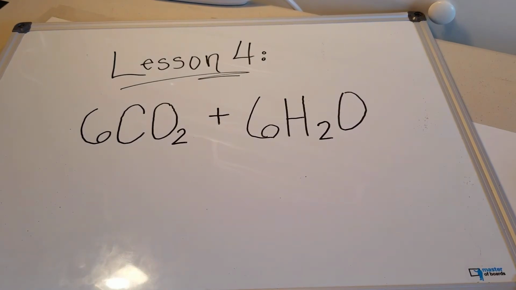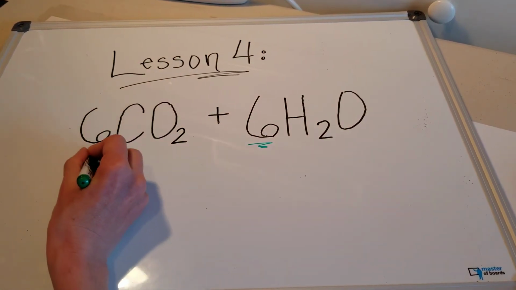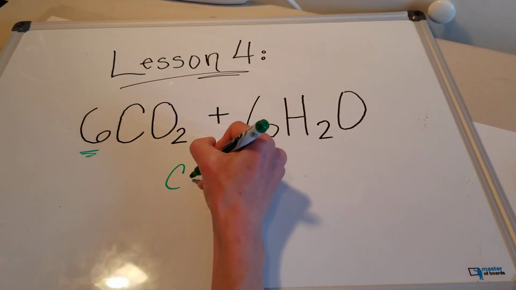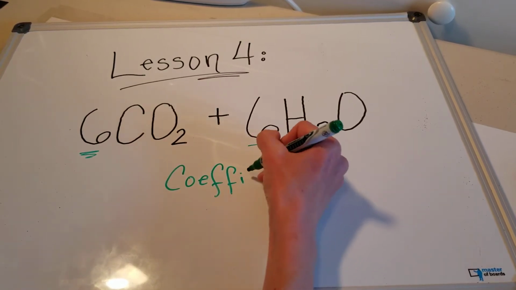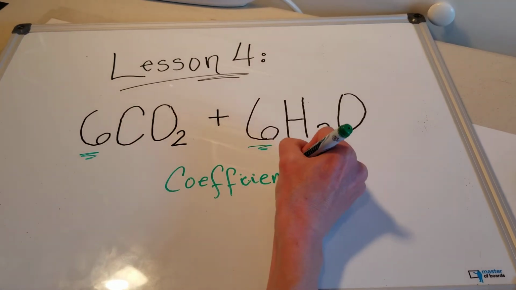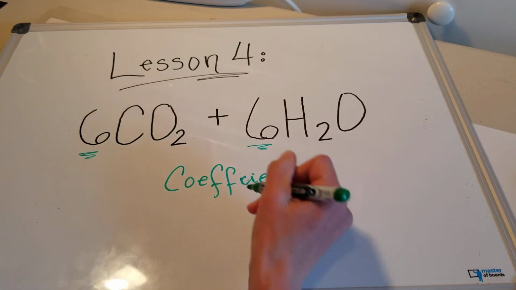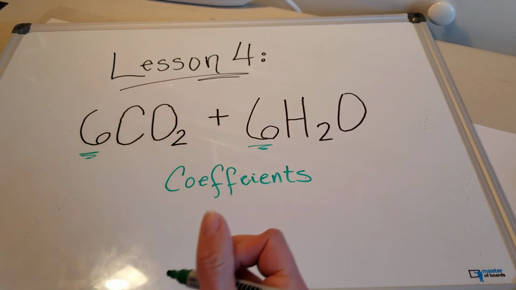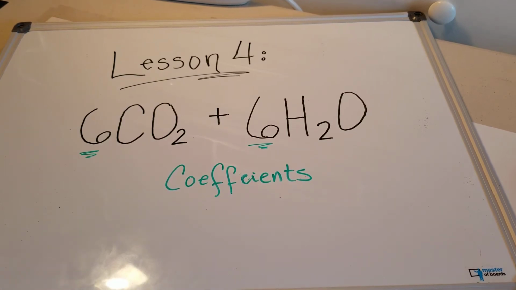That 6, each of them on both sides there, is a coefficient. So this guy here and this guy here are called coefficients. Okay, I'm not good at talking and spelling at the same time, so hopefully that's right. I'm sure one or more of you will let me know if it is incorrect.